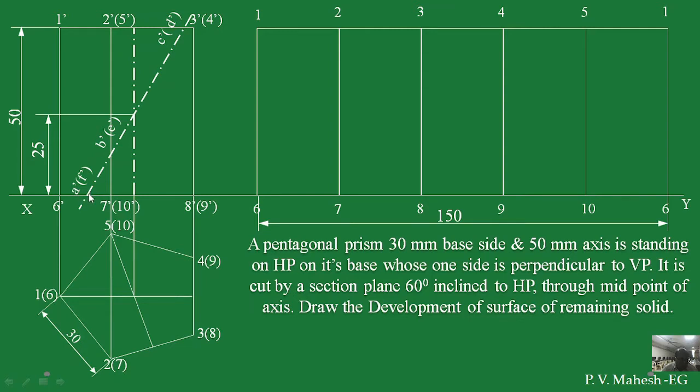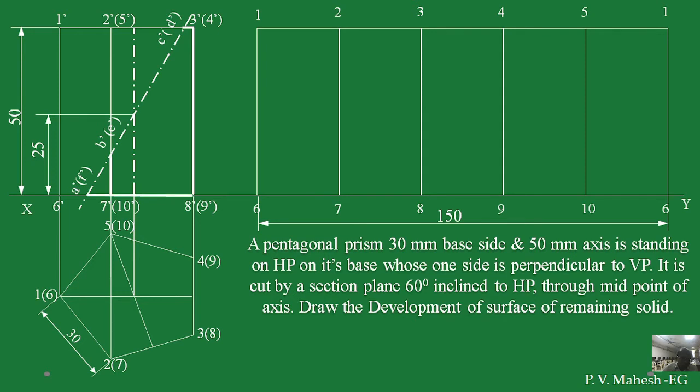Now here edges 6,7 and 6,10 are cut at two points, A and F, and the edges 2,7 and 5,10 are cut at B and E. Similarly, the edges 2,3 and 5,4 are cut at C and D. The cut portion I have to remove, and the remaining portion I have to darken.